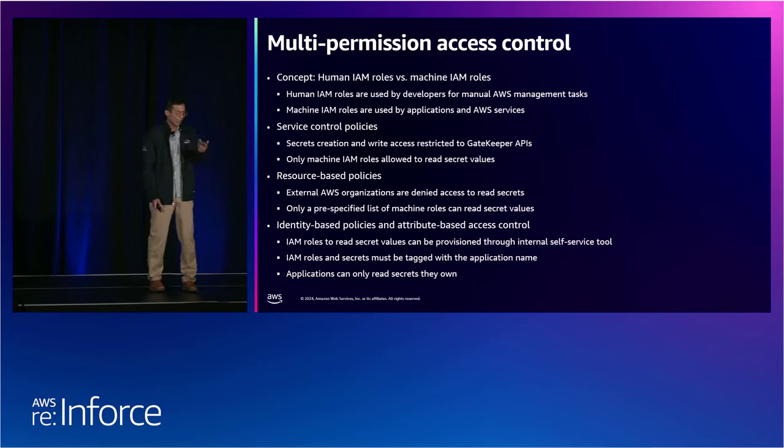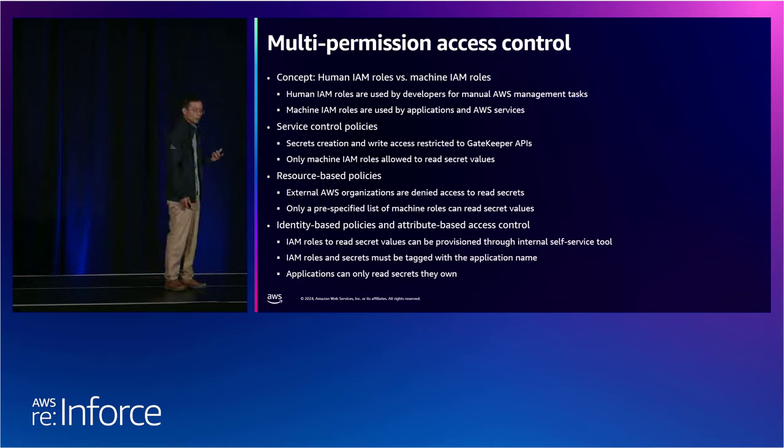So let's recap, for all these multiple security controls we put in place, what we have achieved. We set up the data perimeter so that no other company can read the secrets owned by Capital One unless we explicitly allow them to do so, right?